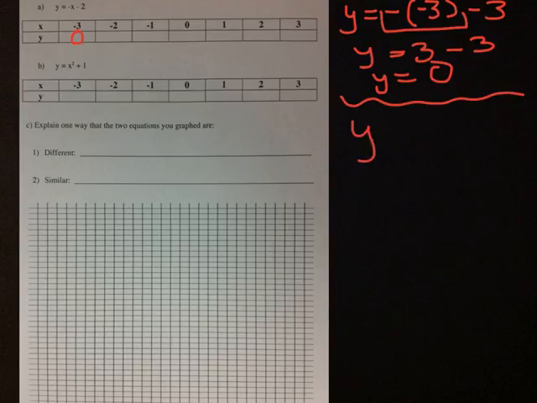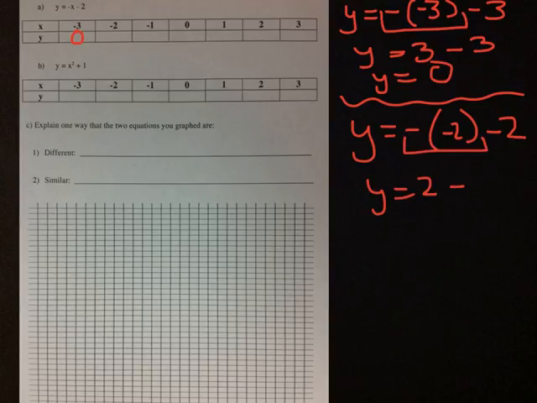For the next one, y equals negative, and x is negative 2, minus 2. The opposite of negative 2 is positive 2, and 2 minus 2 is 0. And I just realized that I messed up the first time. Did you catch that?